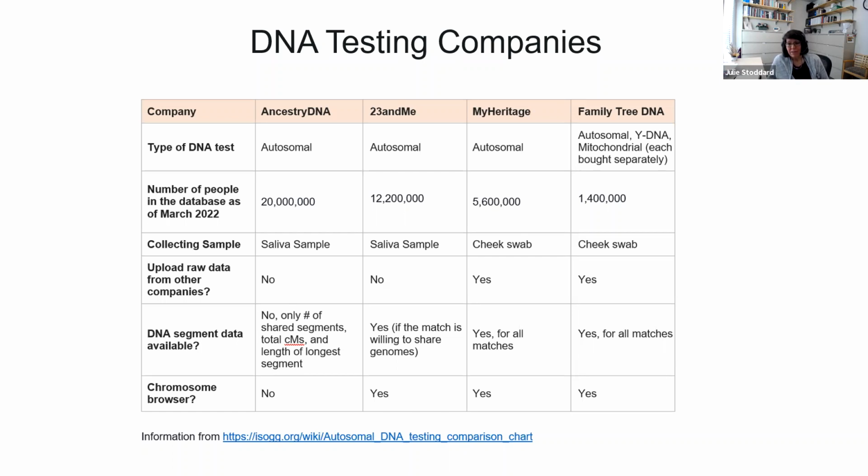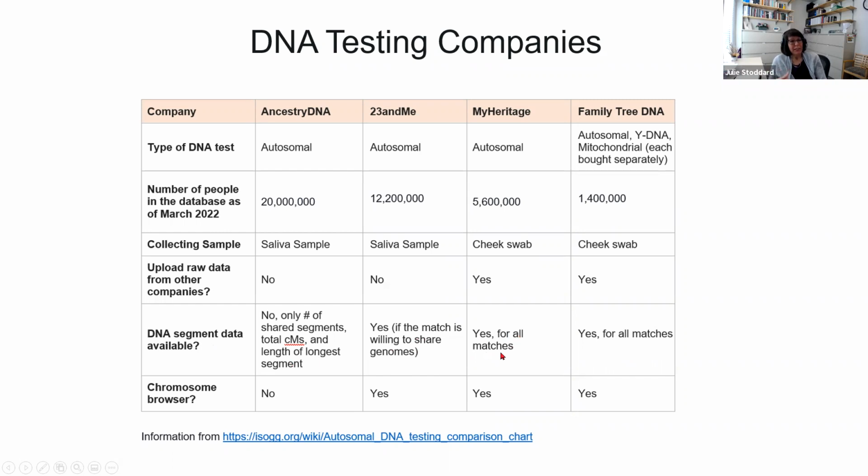One of the things, once you get into using DNA a little bit more, is that on Ancestry, for example, you just find out that you share these 225 centimorgans. You don't know which chromosome it's on. You could be sharing on any of those 22 chromosomes. Some of the other testing companies, you'll notice 23andMe, MyHeritage, and Family Tree, do give you the segment data.